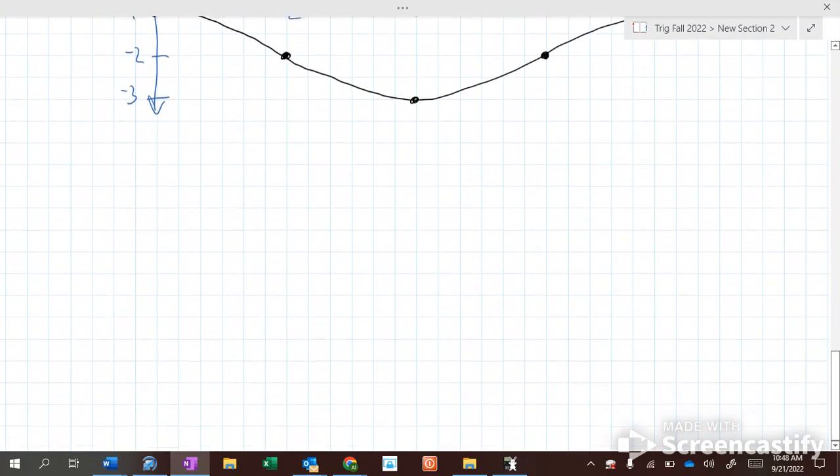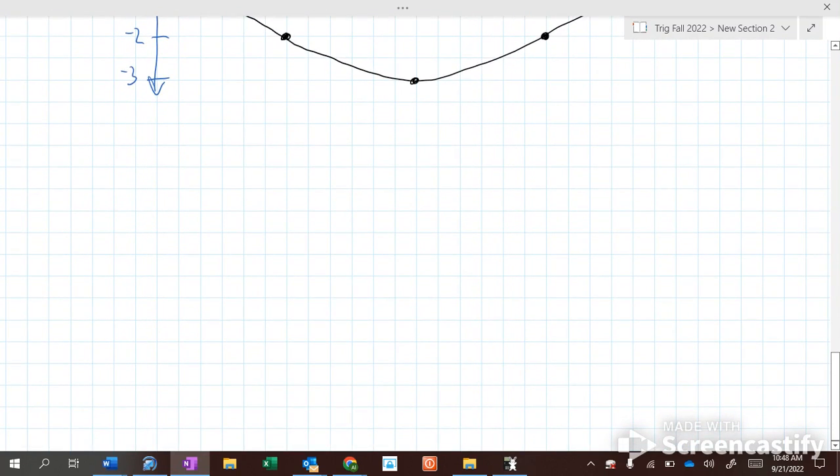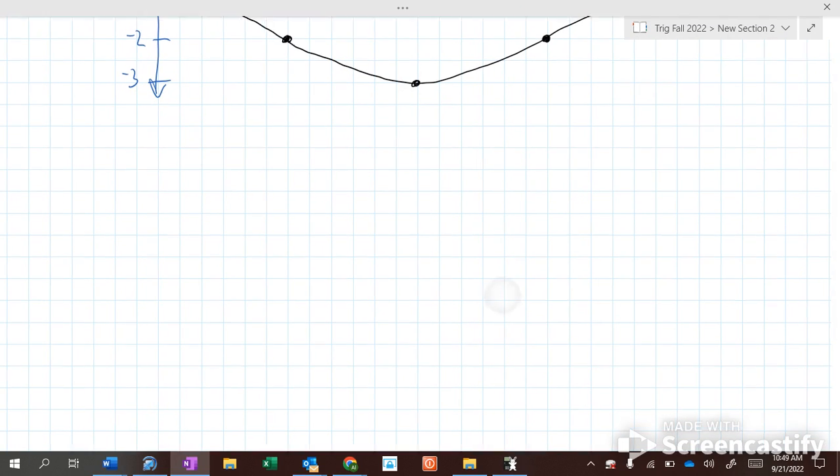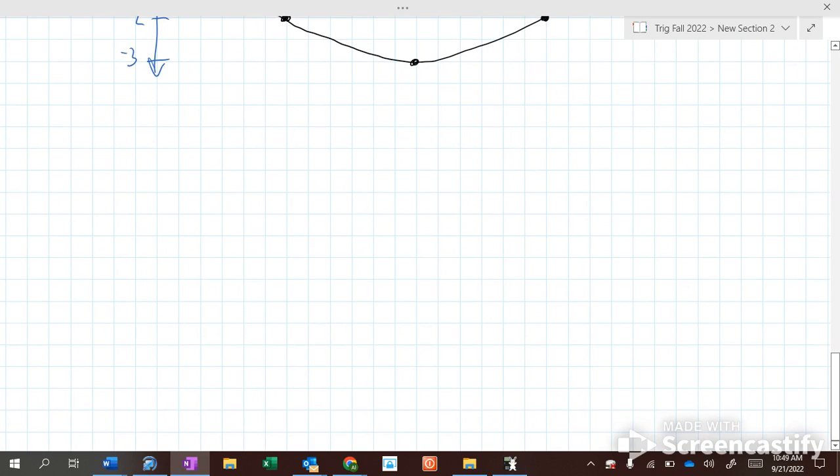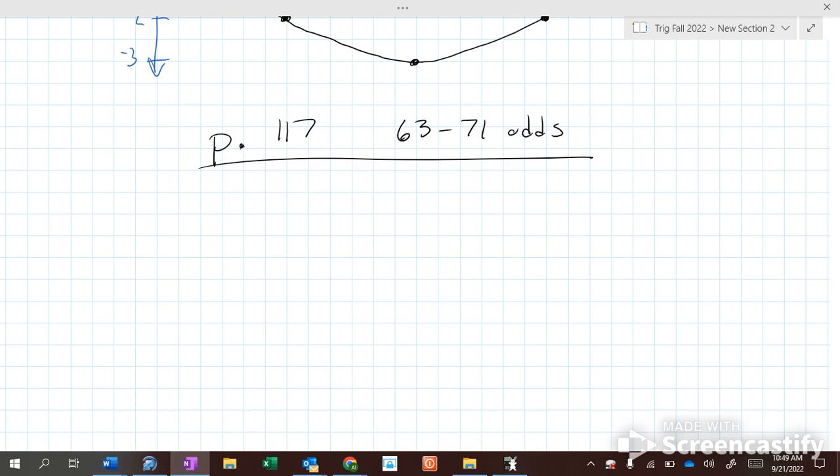You do not have to determine amplitude, phase shift, and range for these. I just want you to graph them. We're working on page number 117. We're doing 63 through 71, the odds. That gives you 5 problems to graph out for Friday.